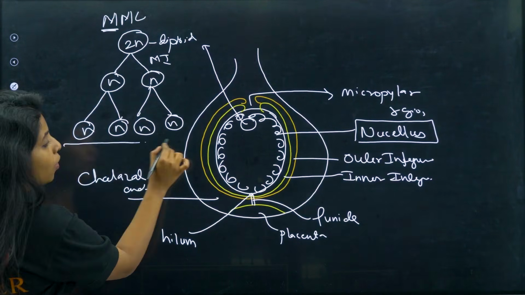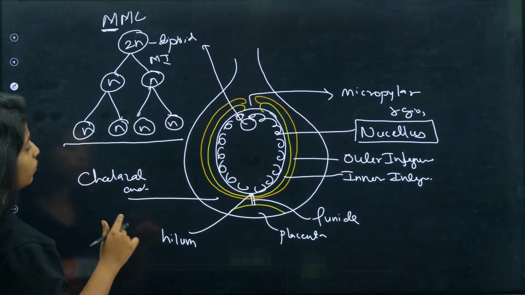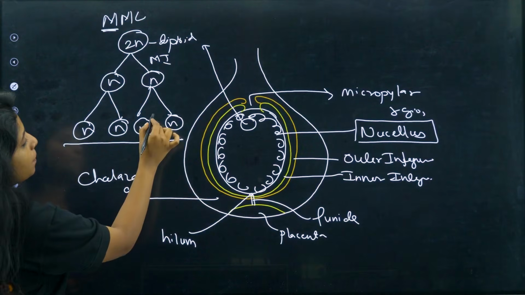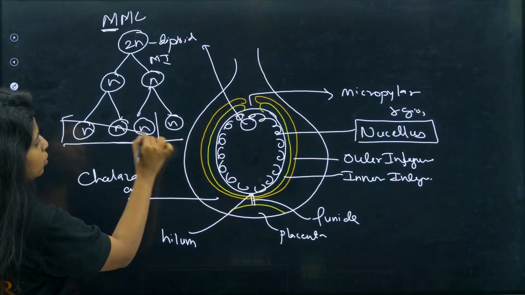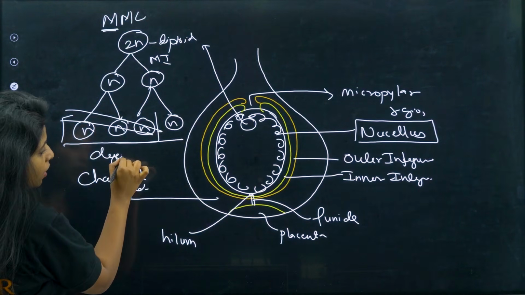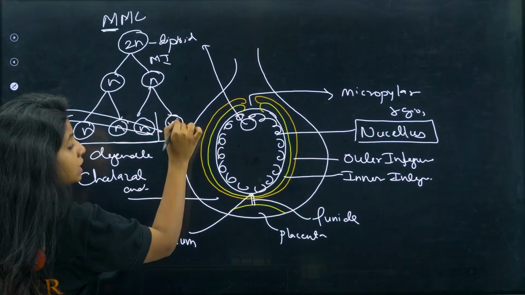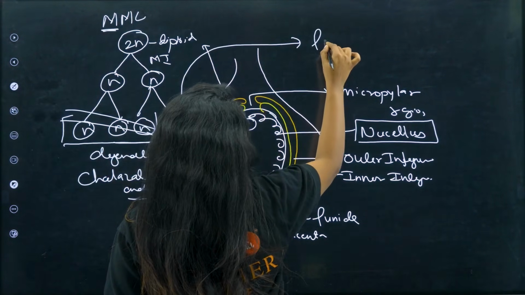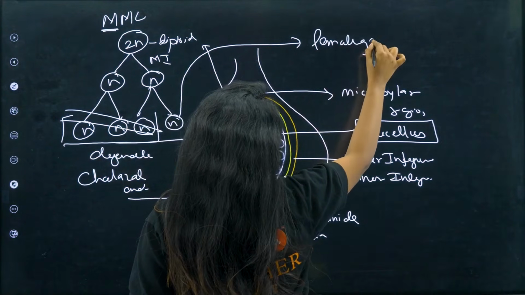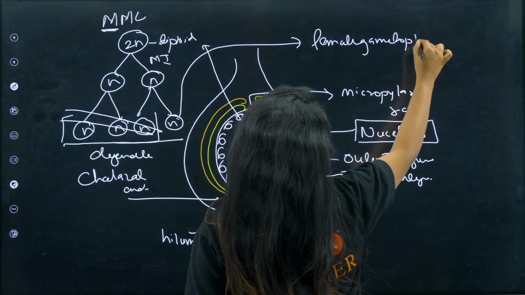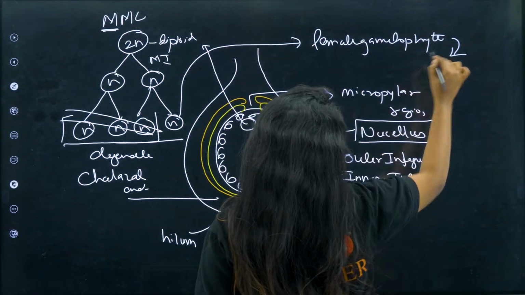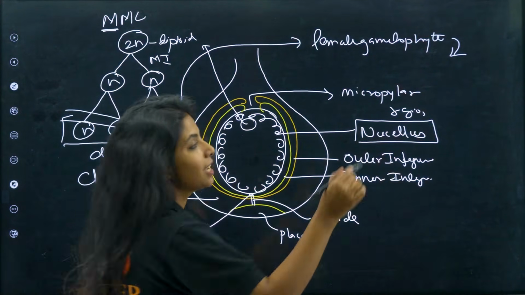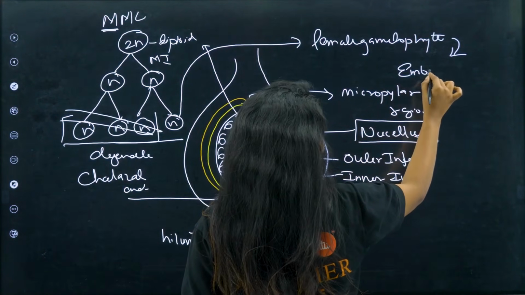In the anther they were microspores, but over here they are megaspores. But three of them are going to degenerate. Only one cell will be left behind, and this is going to form the female gametophyte, which is known as the embryo sac.